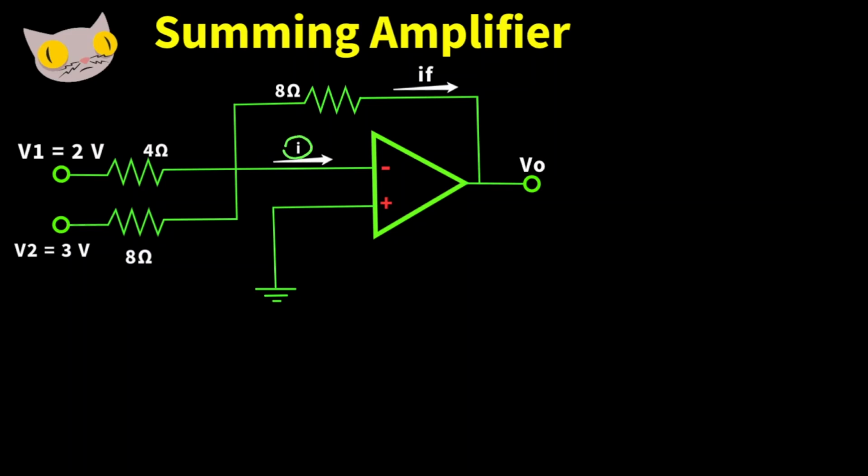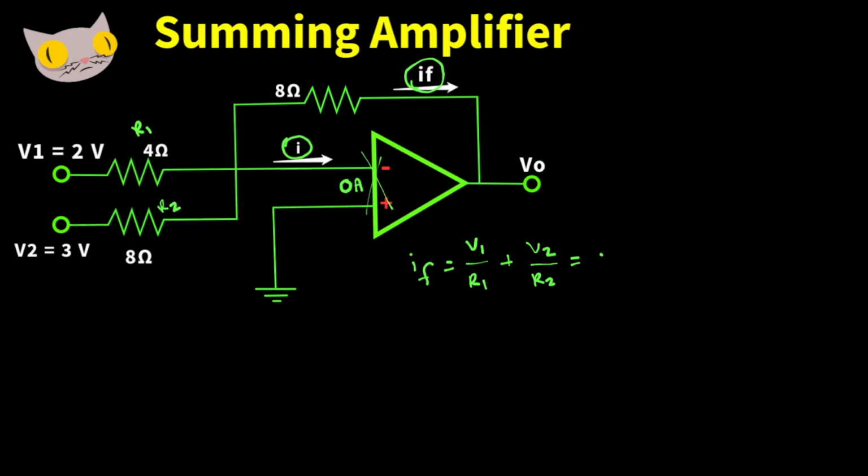What's the current I? Remember, in the last one I said at the input terminals the current is 0. But what's the current here, IF? Because this is a summing amplifier, we can solve for IF like this. IF is going to be equal to V1 over R1 plus V2 over R2.